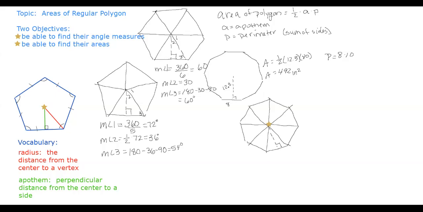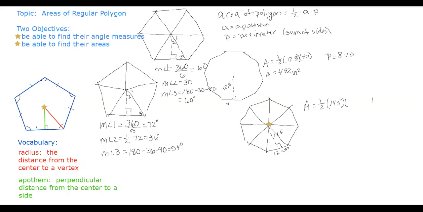Okay. And I know that my apothem is 14.5 centimeters. So this is 14.5. And I know that my side length is 12 centimeters. And so if I want to find the area, I just go, the area is equal to 1/2 of the apothem, which is the height, right, from the center to the side, 14.5, times the perimeter.